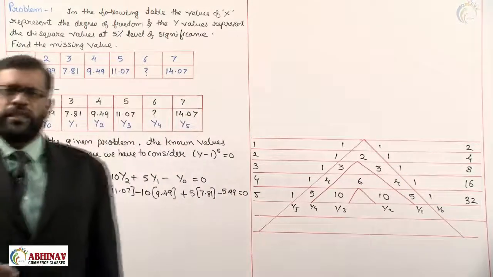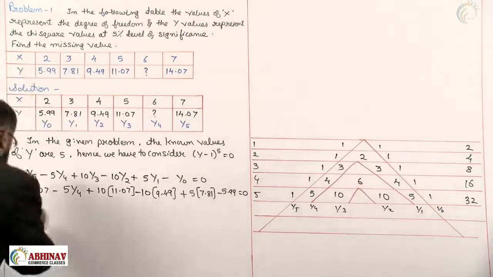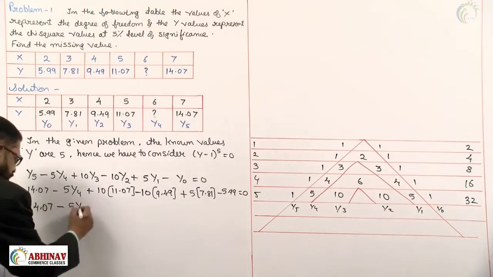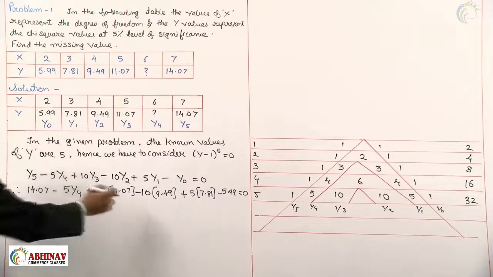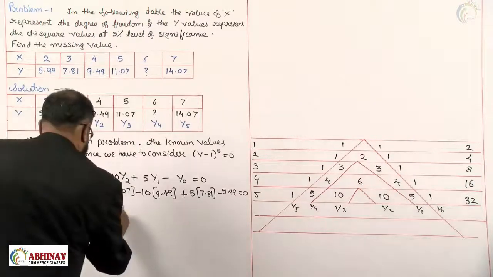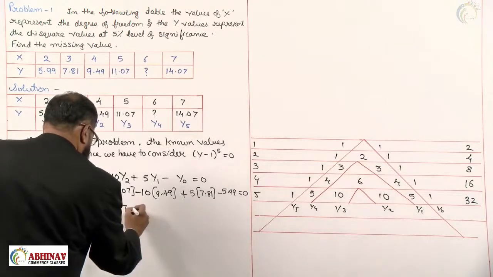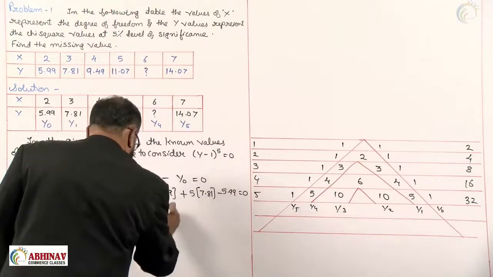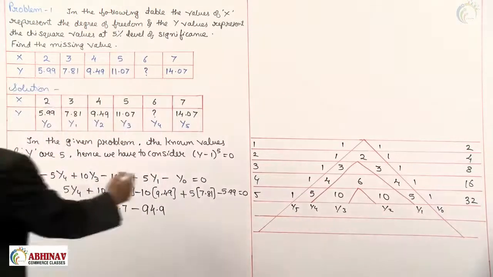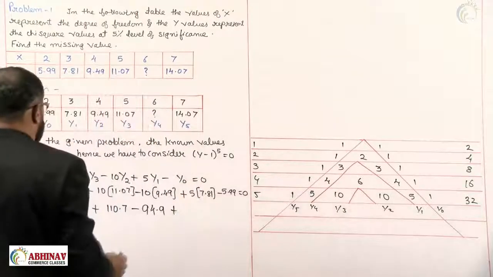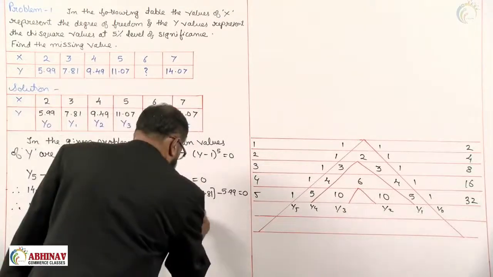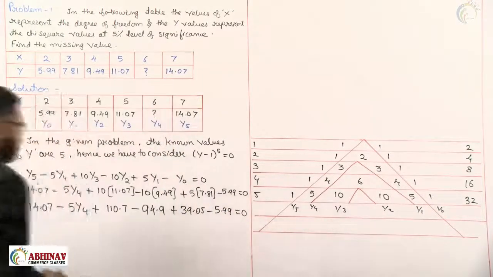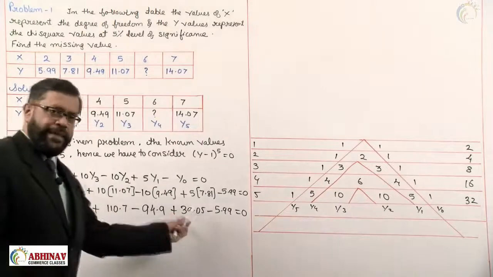Once you substitute, now we'll multiply that. See here, 14.07 as it is, minus 5y4 as it is, plus 10 into 11.07, what we get is 110.7, minus 10 into 9.49, what we get is 94.9, plus 5 into 7.81, what we get is 39.05, minus 5.99 is equal to 0. I have just multiplied it.